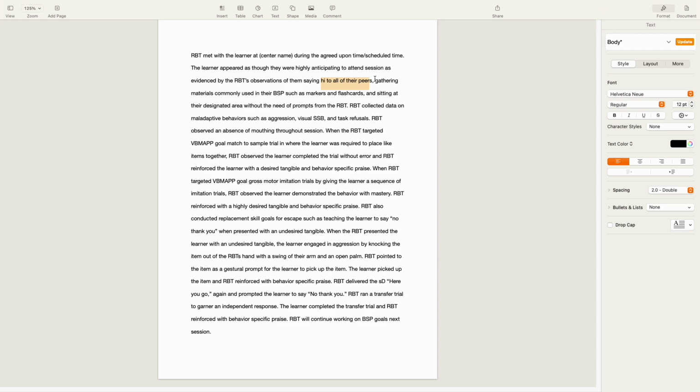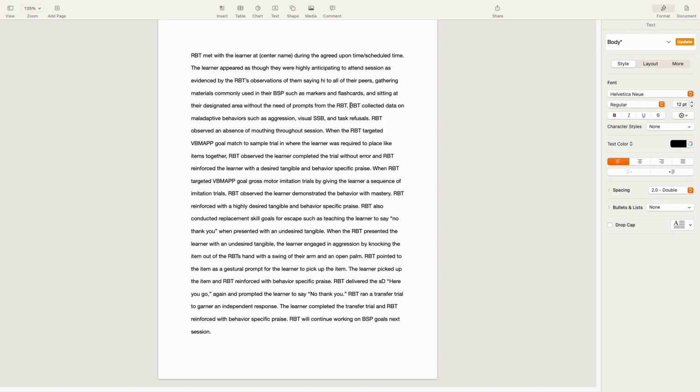Well, they said hi to everybody, they got their stuff, and you tell them what the stuff was, right? The markers and flashcards. And then they sat down at their designated area without the RBT needing to tell them anything. When you say it like that, that is describing this behavior. So you need to show it. You need to show when you're writing.